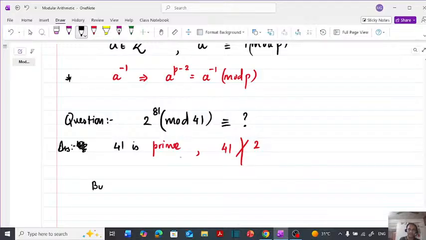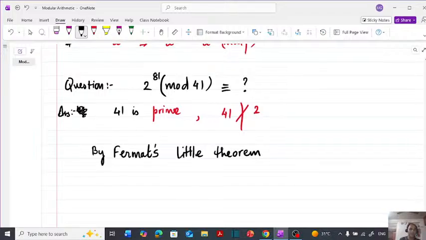So by Fermat's little theorem, how much does it give you? It will give you 2 to the power 40 is equivalent to 1 mod 41.